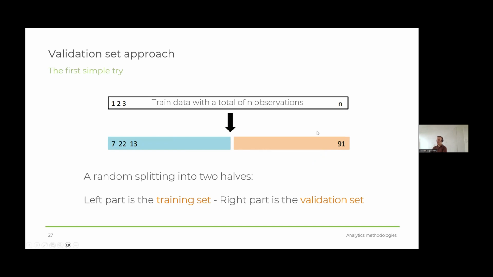What you might already see here is that the way you split has impact. Because if you have 100 data points, you can end up with quite some different combinations of training and test sets.